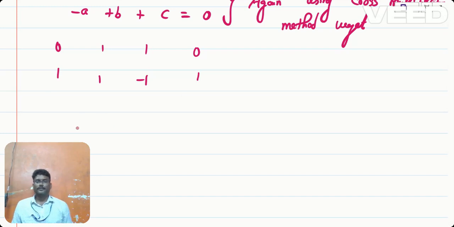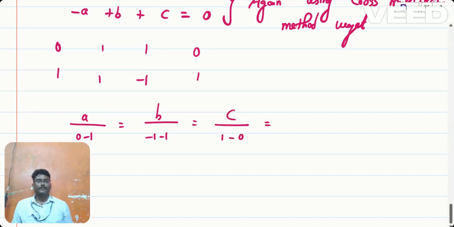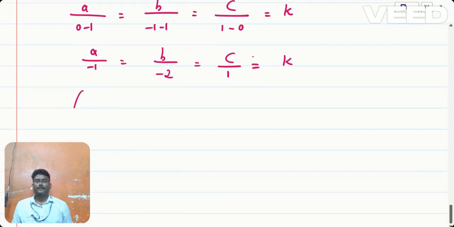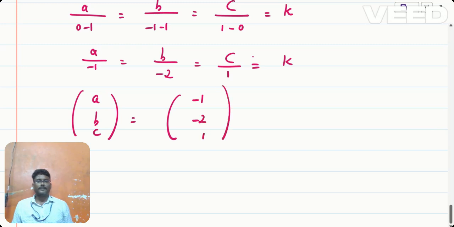So a by 0 minus 1 equal to b divided by minus 1 equal to c divided by 1 minus 0 is equal to k. So a by minus 1 equal to b by minus 2 equal to c by 1 equal to k. We get a, b, c is equal to minus 1, minus 2, 1 times k.